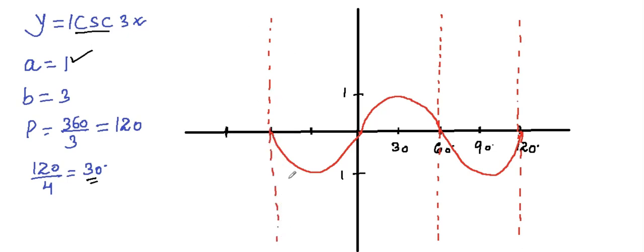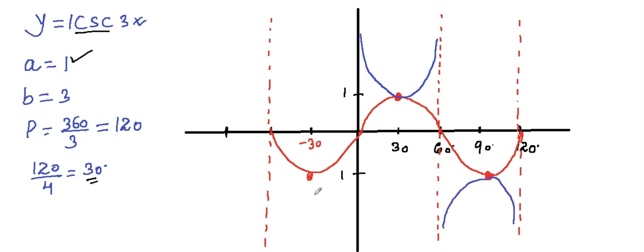So now I can draw. Here's the point. One point is here, one point is here. This is your minus 30. So now you can draw the graph of cosec. One parabola up, one parabola down, and similarly this will be down.